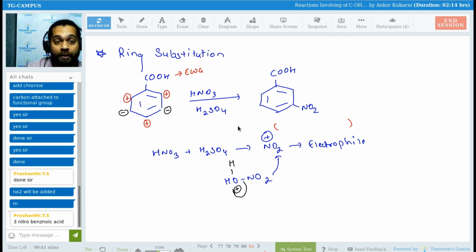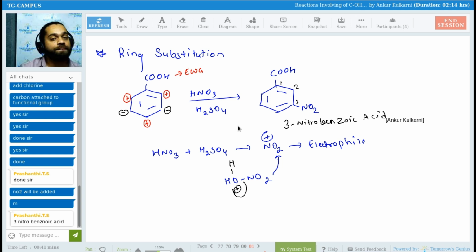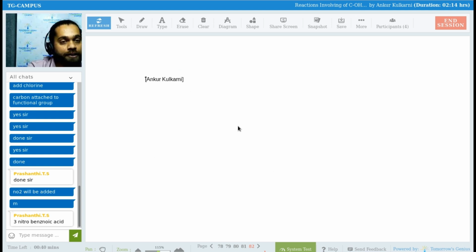IUPAC will not include meta. Correct, Prashanti? So 1, 2, 3, it is 3-nitrobenzoic acid. Clear?